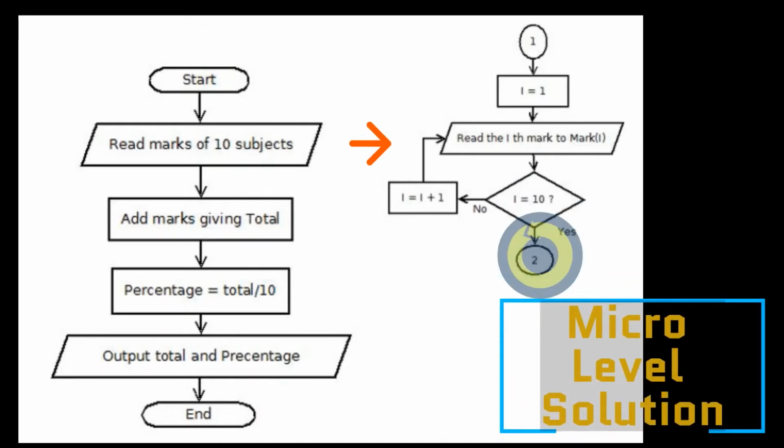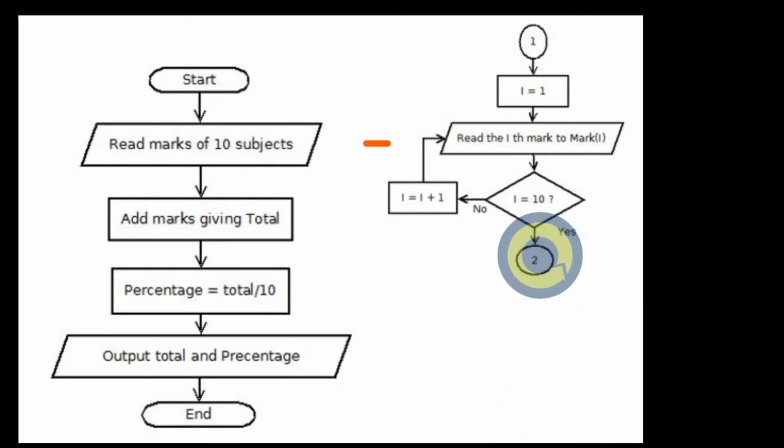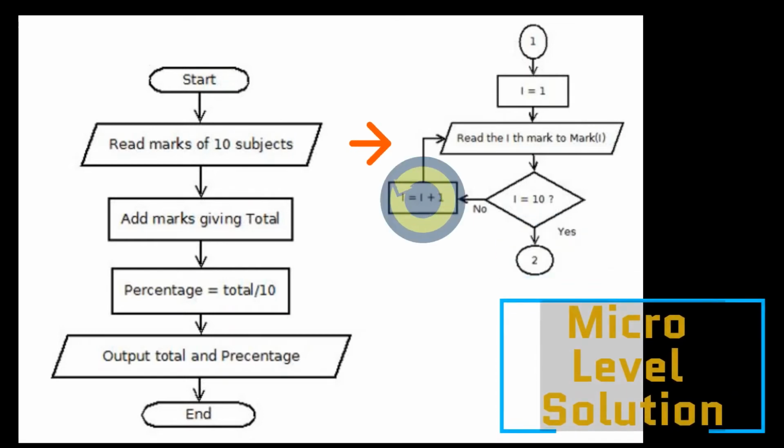If it's equals to 10, that means yes, then you can go to the next step called add marks giving total. And if it's not equals to 10, then I should be equals to I plus 1, and you have to repeat the same process until the value gets equals to 10.